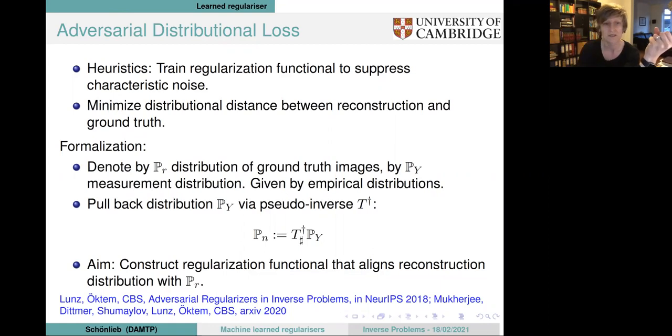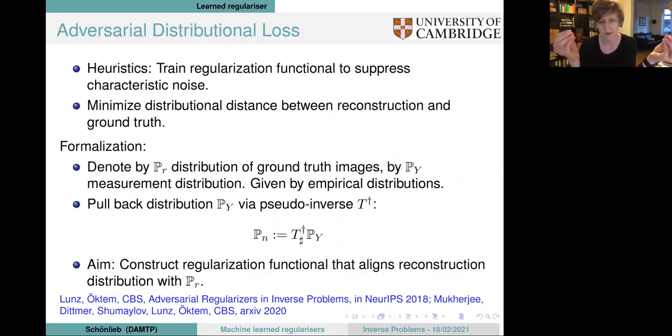Okay, so the idea is maybe let's start here with a formalization. What I want is to tell the regularizer that it should favor solution structures that I want to see in my solutions to the inverse problem.